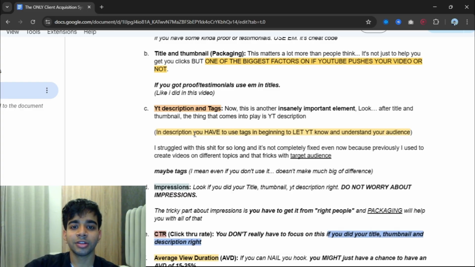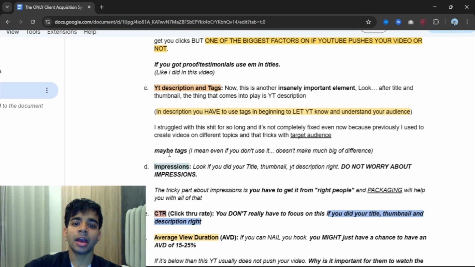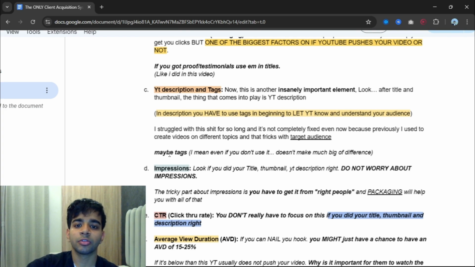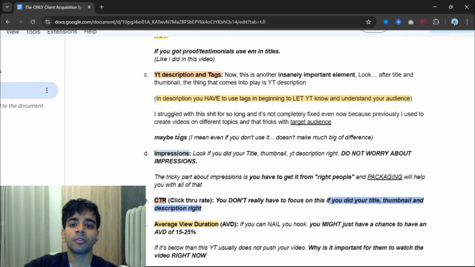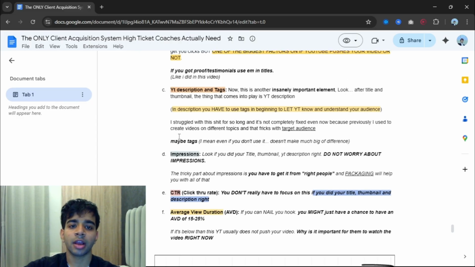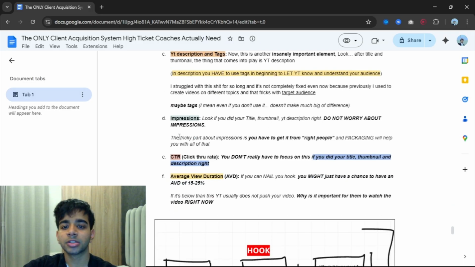Now I struggle with this a lot, because before these kinds of videos I used to create raw videos, like day in my life and all these things, right? I still struggle to some degree, but it has improved a lot, so for that reason I have to use tags. But if you have a somewhat established YouTube channel, you really don't have to care much about that, right?